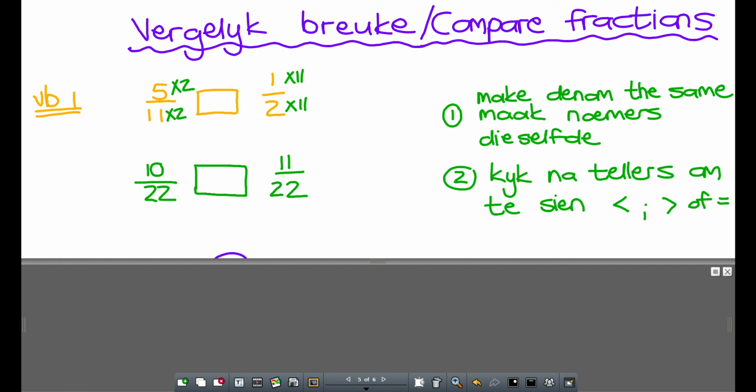Nice stuff. So at step 2, now we've done step 1. We made denominators the same. Step 2, now we look at the numerators.